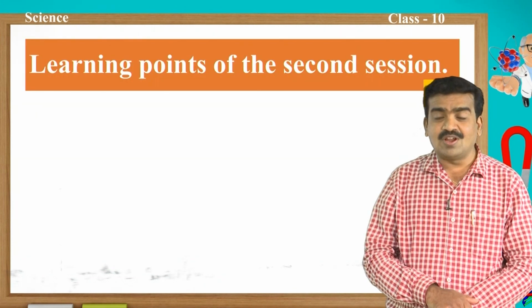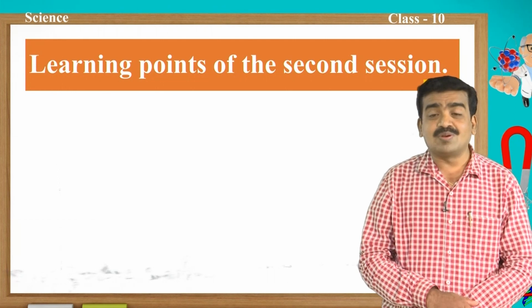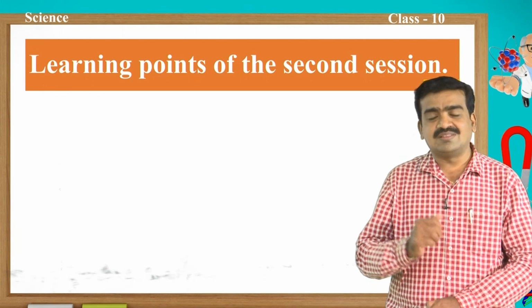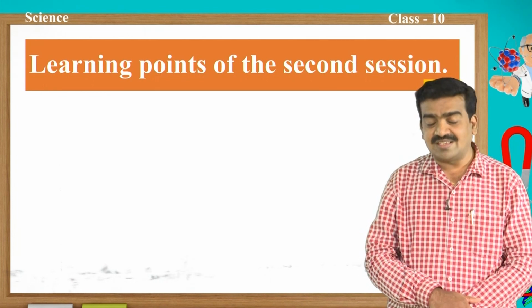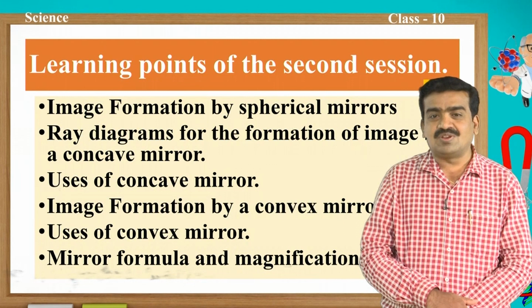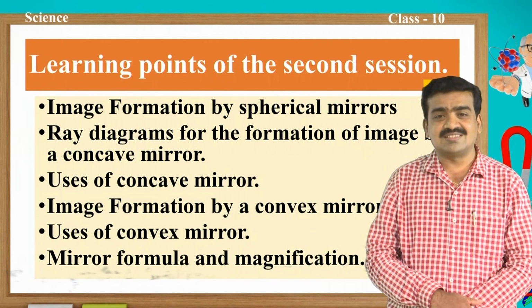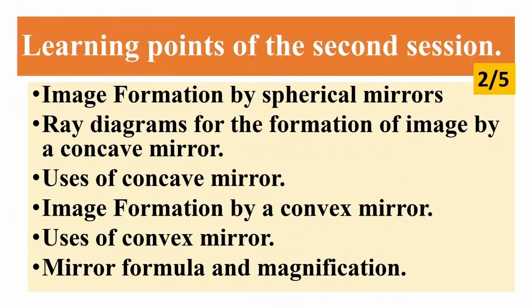Today you are going to learn about important things which are very interesting and also very important from the point of view of examination. The first concept is image formation by spherical mirrors and ray diagrams for the formation of image by a concave mirror and uses of concave mirror, image formation by a convex mirror and the uses of convex mirror.